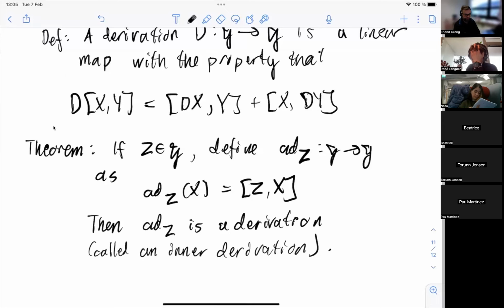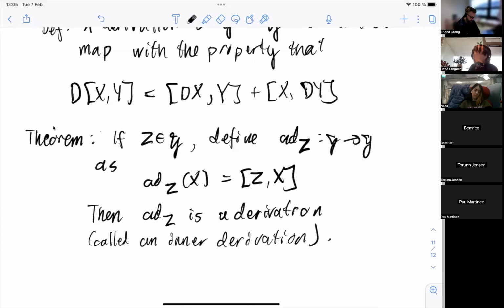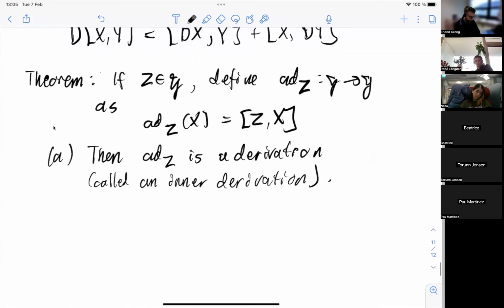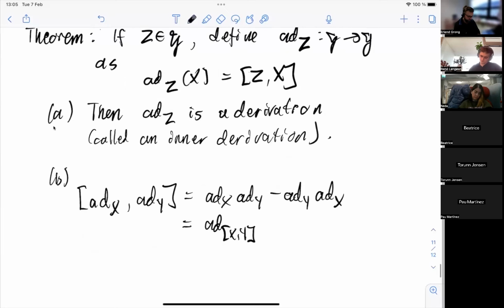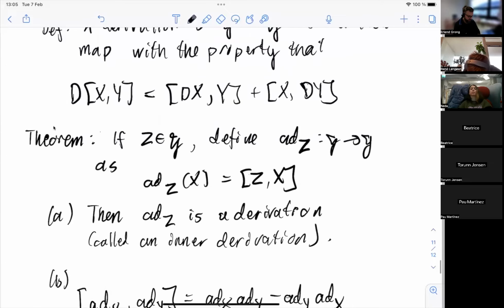So, yeah, let me put this as A. And B is that if I take ad X and ad Y, consider these as mappings from G to itself, and define the bracket of ad X and ad Y, so that is the mapping ad X, ad Y minus ad Y, ad X, then this is equal to ad of the bracket X, Y. So these ad maps, they are always derivations.